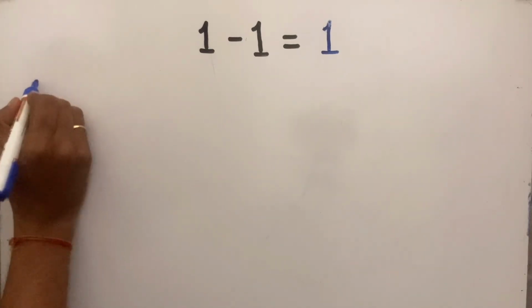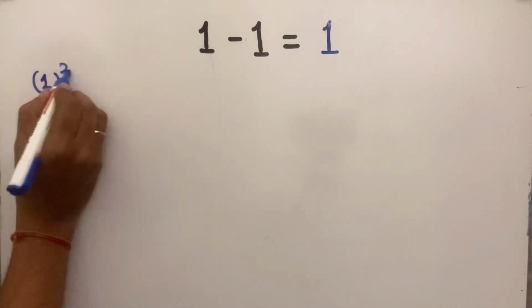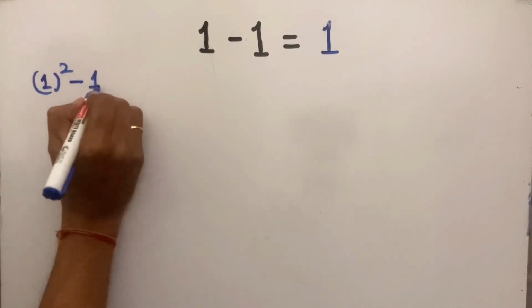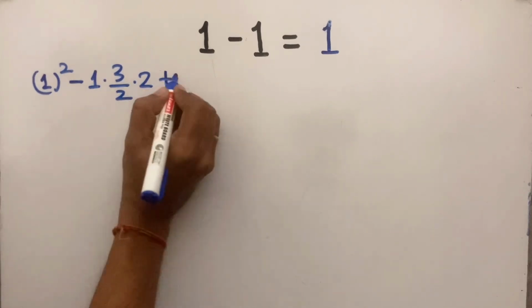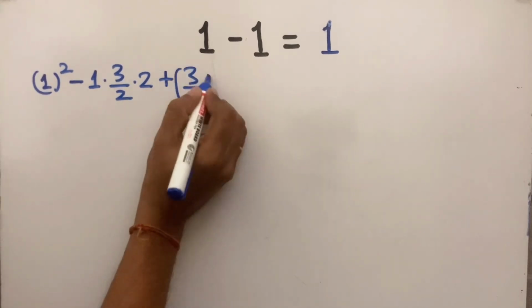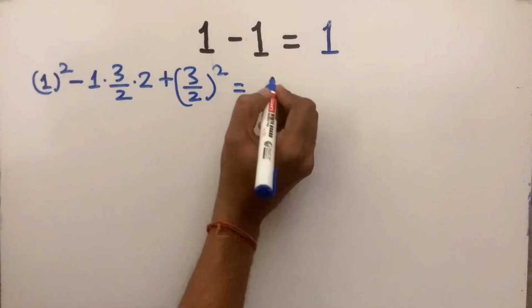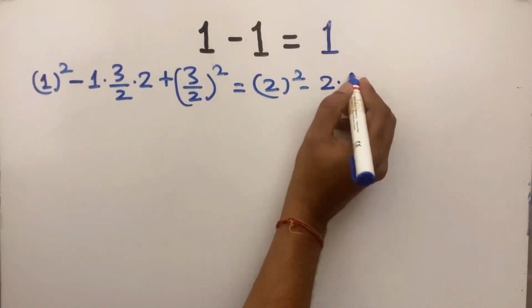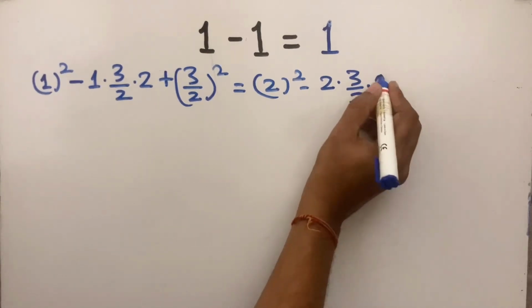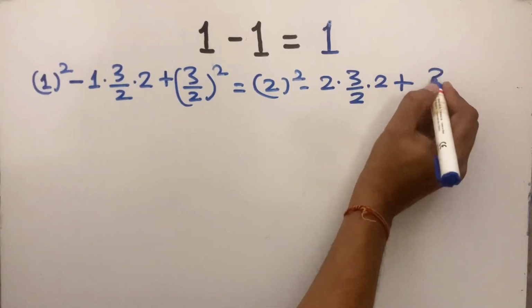So this further simplifies to 1 square minus 1 multiplied by 3 by 2 multiplied by 2 plus 3 divided by 2 square equals 2 square minus 2 multiplied by 3 divided by 2 multiplied by 2 plus 3 divided by 2 whole square.